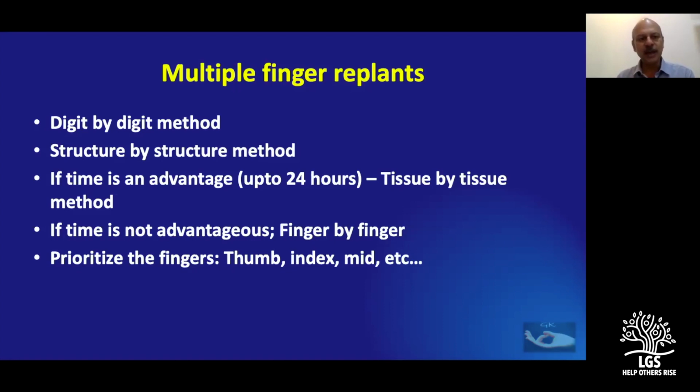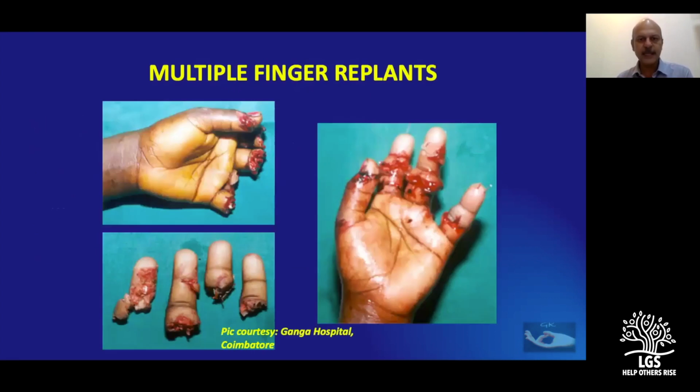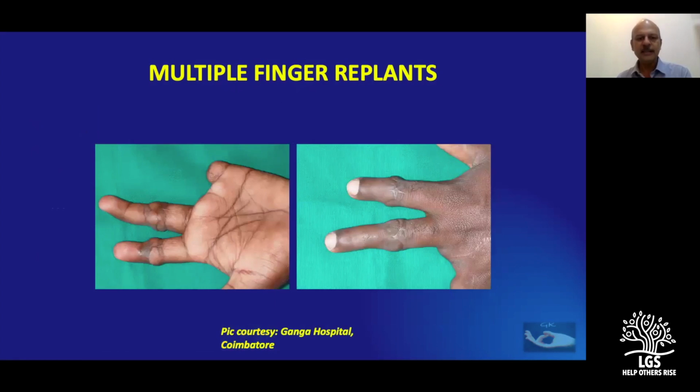Otherwise, I'm sorry, if time is an advantage for you, you can do the tissue by tissue method or structure by structure method. If time is not advantageous, you can do the finger by finger method. So this is an example of multiple finger replant. The thumb, the index and mid have been replanted. These two have survived.